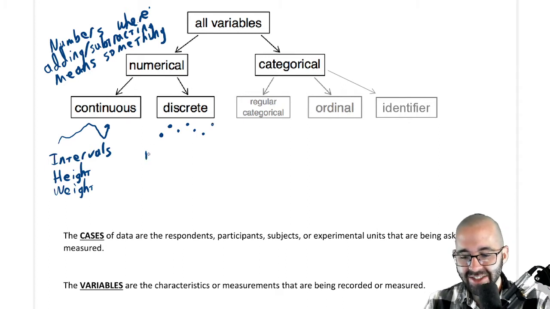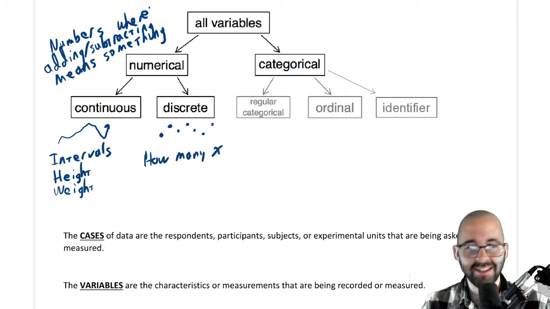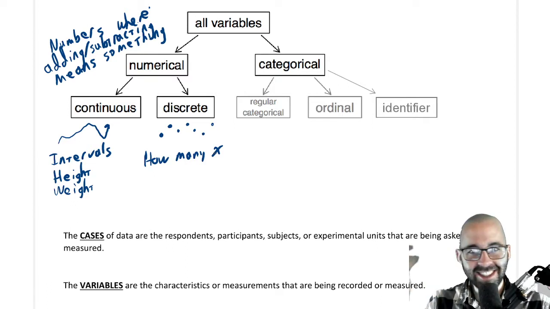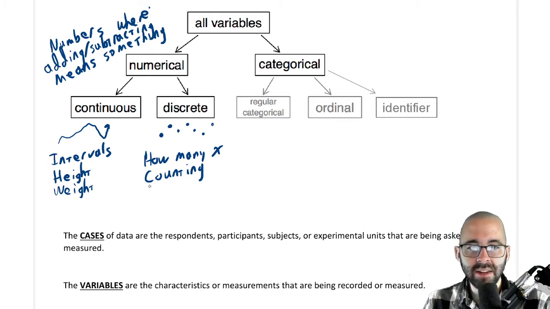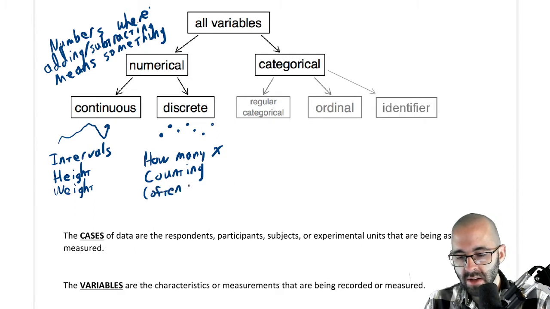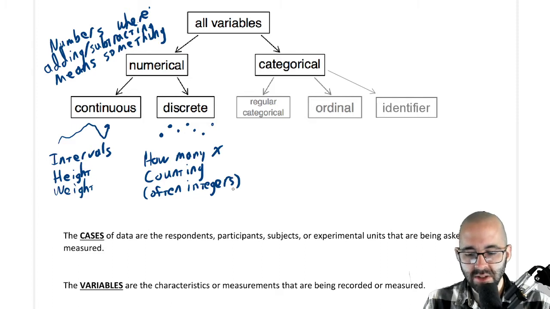A lot of times it's counting. How many fire stations are there in the city, for example? A lot of times it has to do with counting, and there's nothing in between. So there are no decimals, so it's often integers, and usually positive integers.